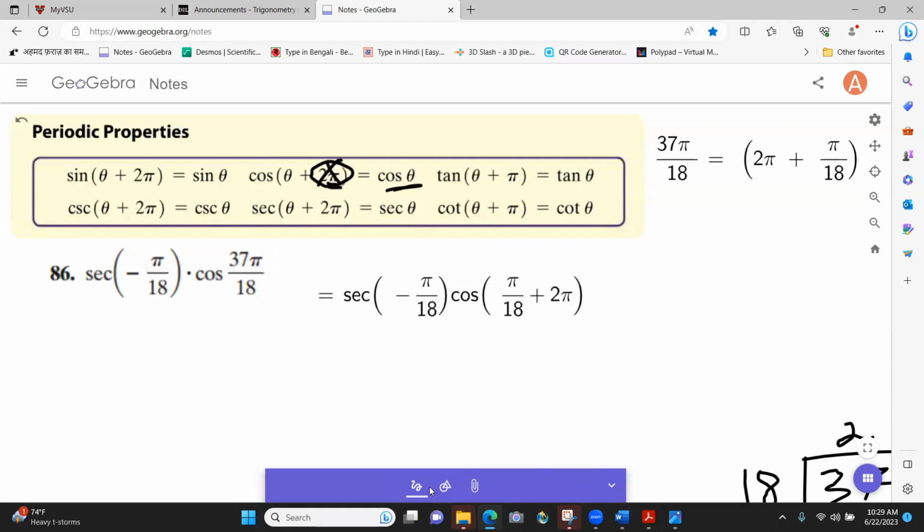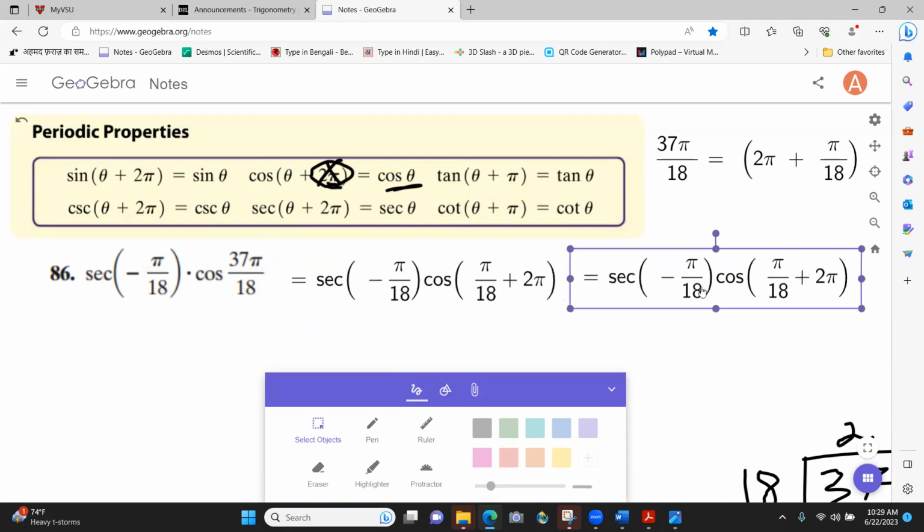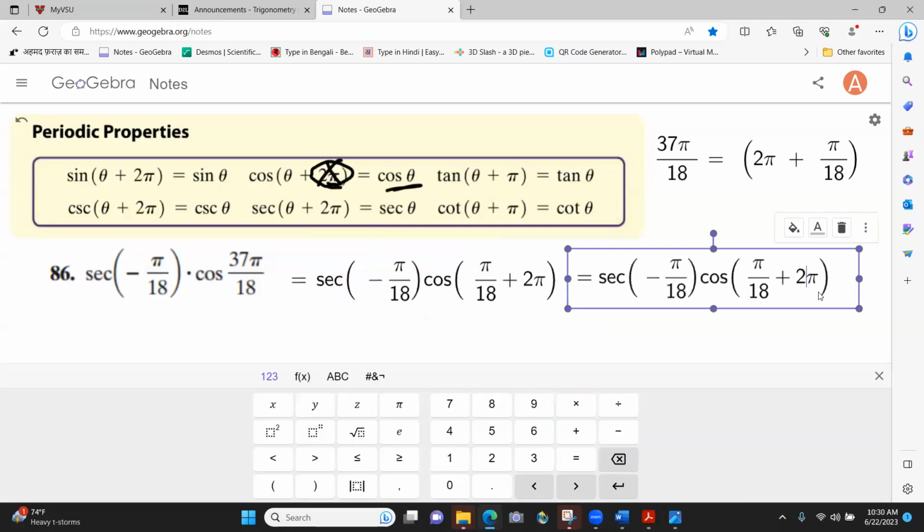So having said that, I am going to rewrite this. Well, that's easy. I don't need this mess. I don't need the extra 2 pi. And another piece of good news. All right, so secant is cosine, so I can ignore the minus sign.